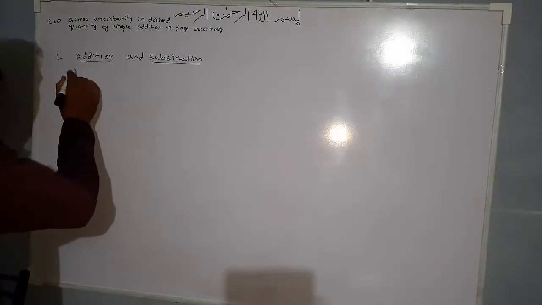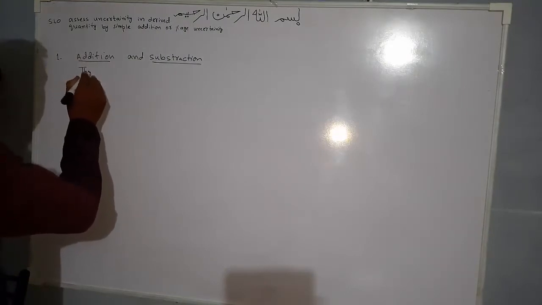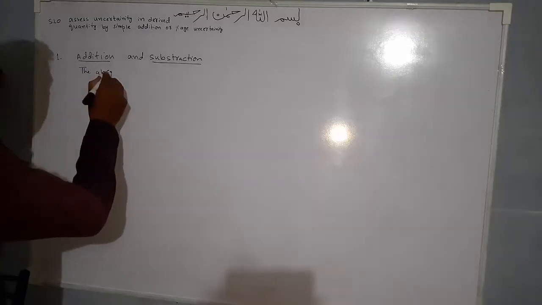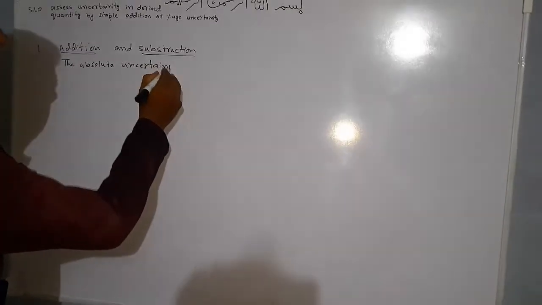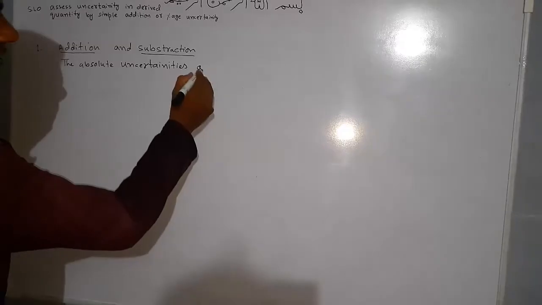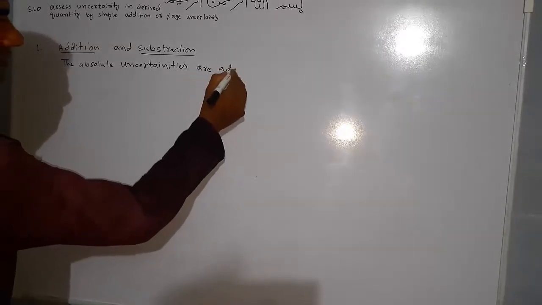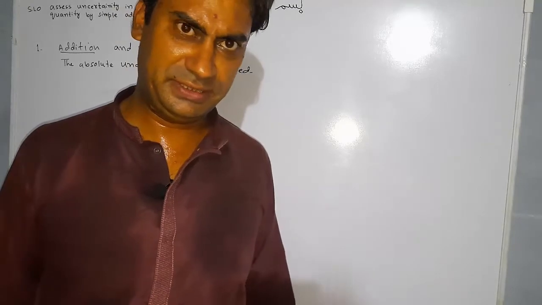Now, the rule is that the absolute uncertainties are added. And the question arises, how do we write an absolute uncertainty?